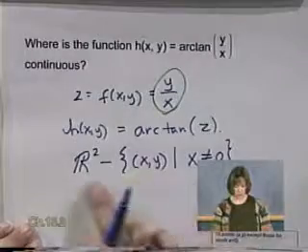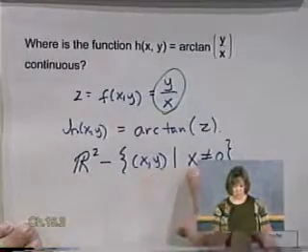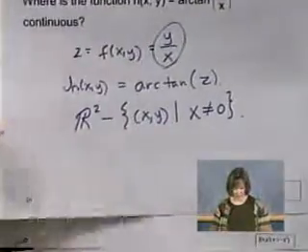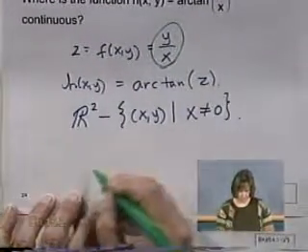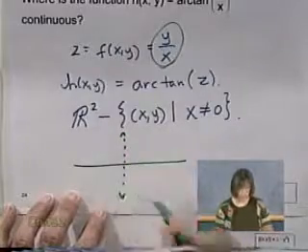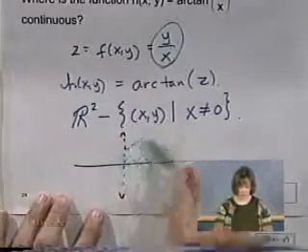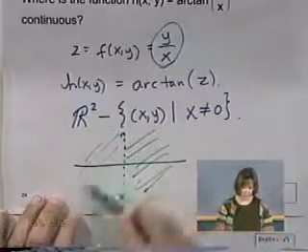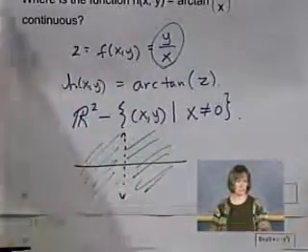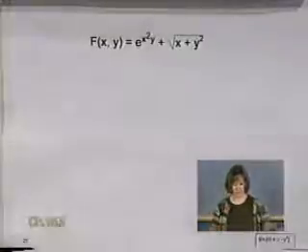So your domain is all reals except those points where x is equal to 0. If you wanted to draw it, what would that look like? X equals 0 is the y-axis, and we're taking everything here and everything here, but the y-axis is out because x equals 0 is out. Not hard.